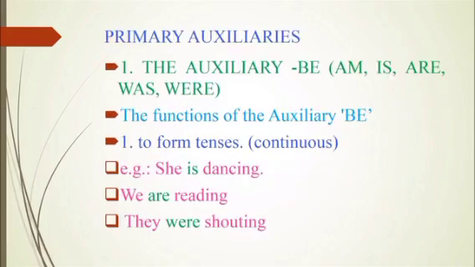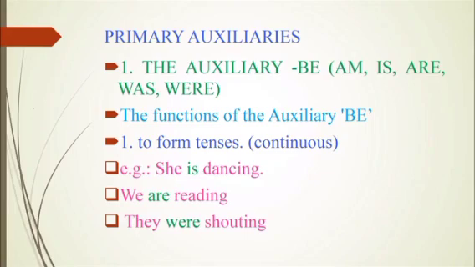Primary auxiliaries. The auxiliary be, in other words, be verbs am, is, are, was, were. Now let's see the functions of the auxiliary be. The first function is to form tenses, especially continuous tenses.